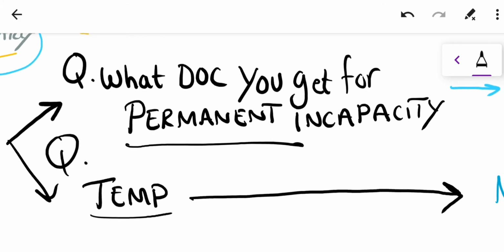Firstly, what document do you get for permanent incapacity, and what document do you get for temporary incapacity? Same question. All right, what document do you get for permanent, and what do you get for temporary? All right, the answer is, for permanent you get an EEC, and for temporary you get an MSc.